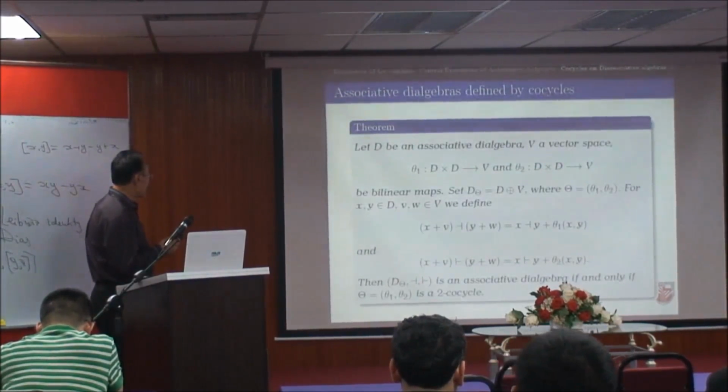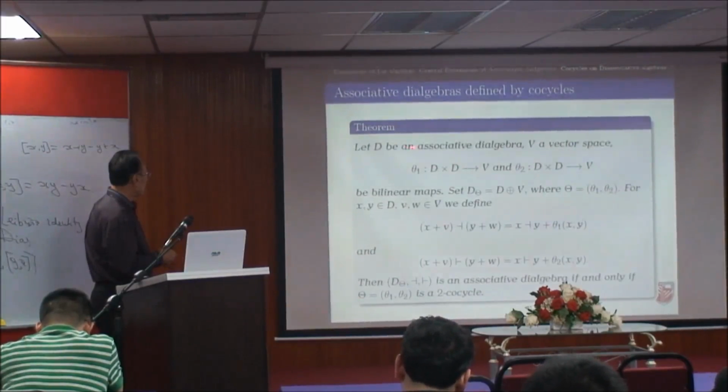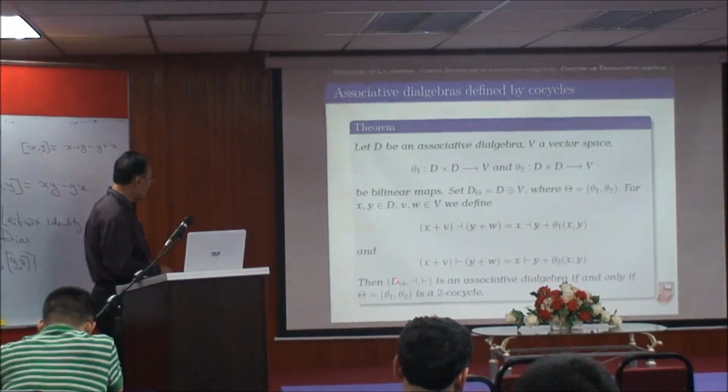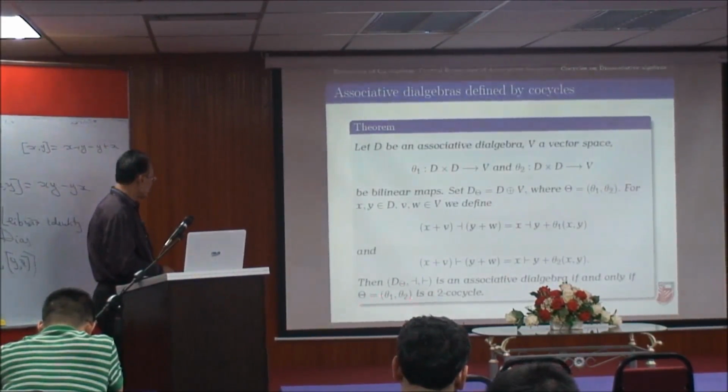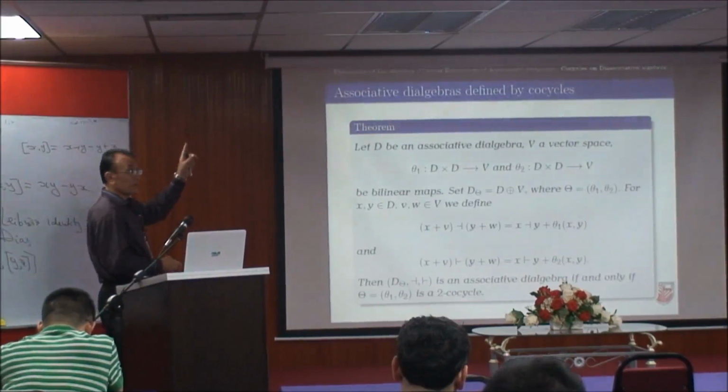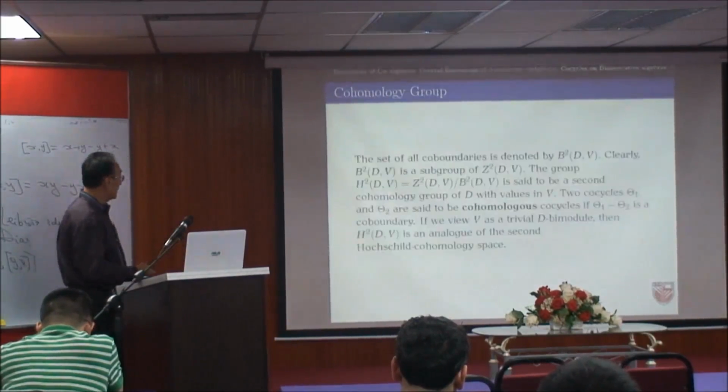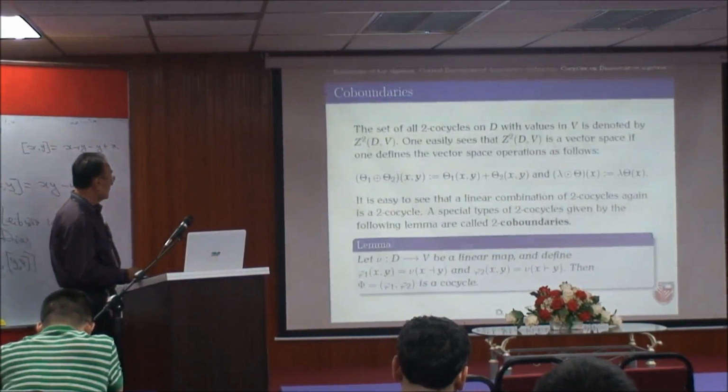You have the associative algebra, then you have these two functions. If you define operations this way, then D theta is a diassociative algebra if and only if theta is a 2-cocycle. So 2-cocycle means they satisfy these conditions.